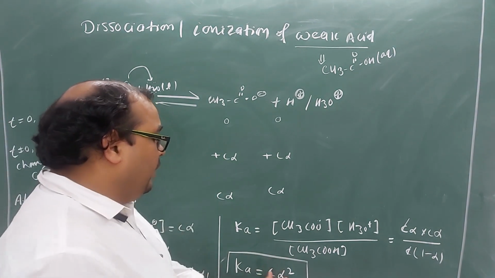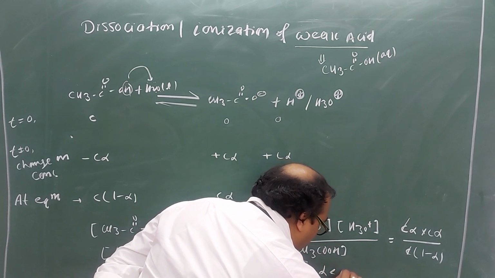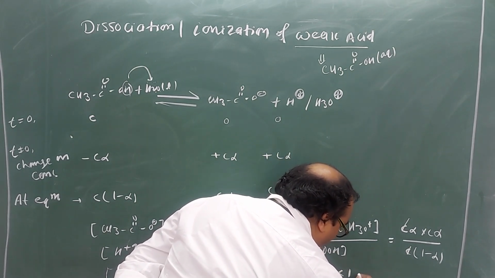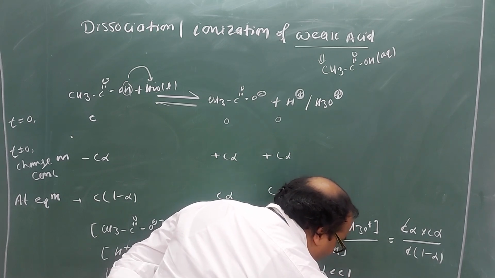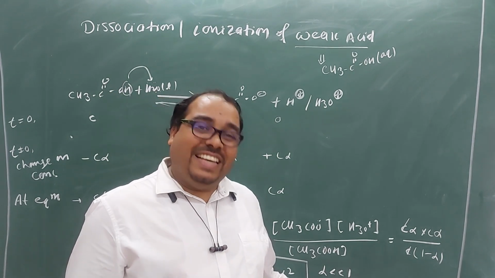So please keep in mind one point here. Ki, alpha is much less than 1. So obviously 1 minus alpha is approximately equal to 1. Is this correct? Yes.